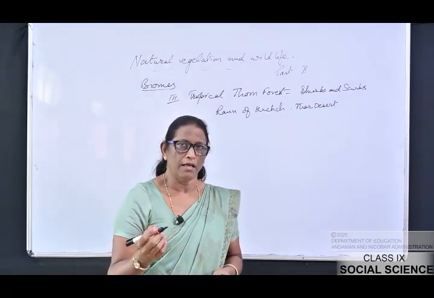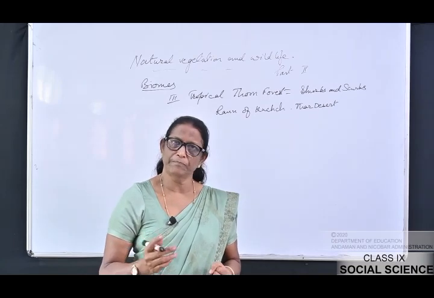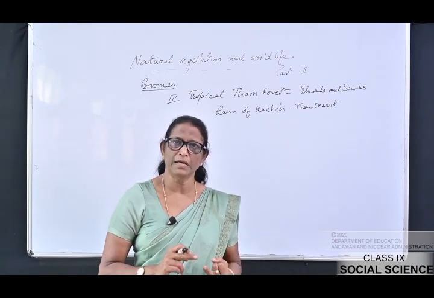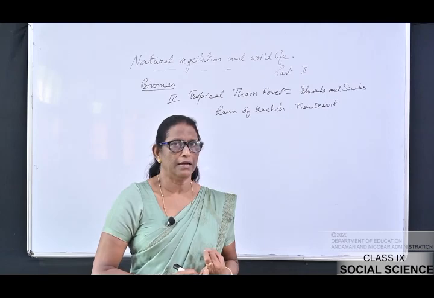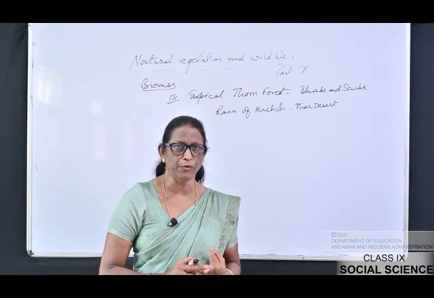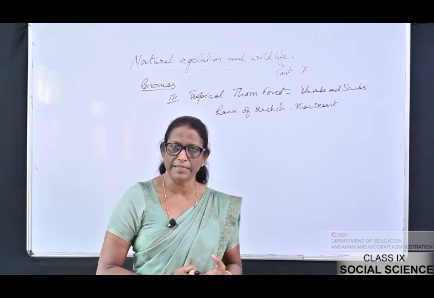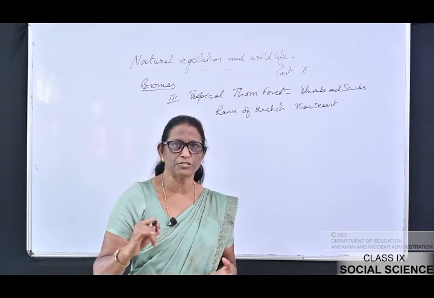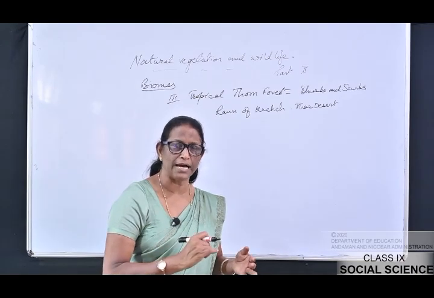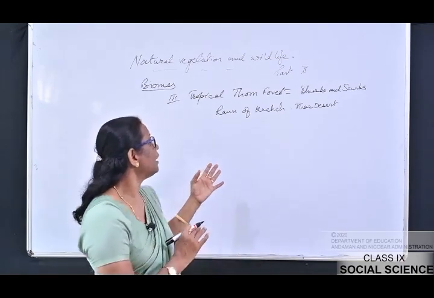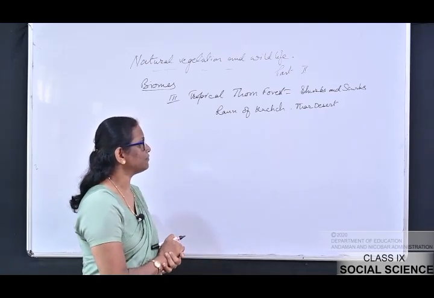So the adjoining part means some part of Punjab, some part of Delhi, some part of UP, some parts of Madhya Pradesh, and some parts of Maharashtra, Gujarat, etc. comes under this area of thorn type of vegetation.